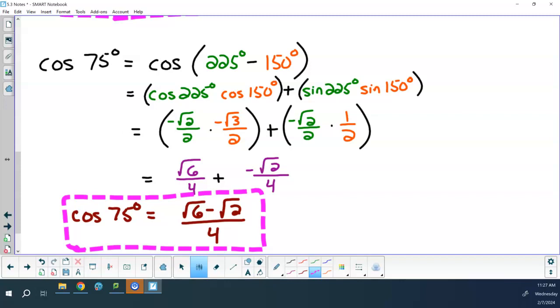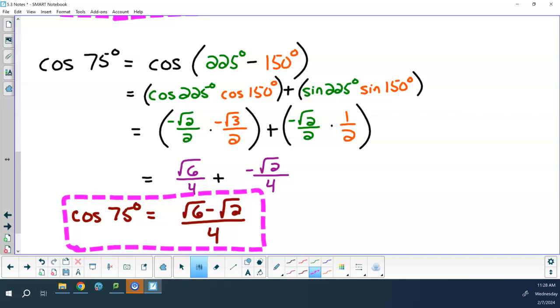There also is a combination where you would have gotten first negative root 2 over 4 and second square root 6 over 4. And that's the same thing. So there are multiple different combinations out there, all of them equally valid.